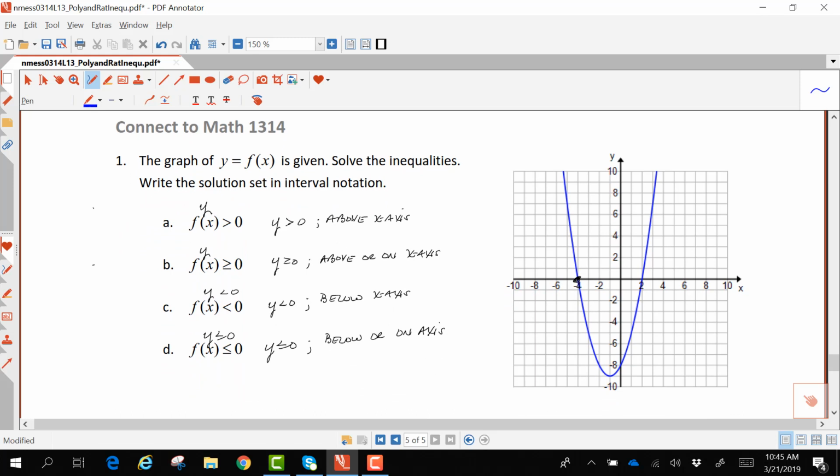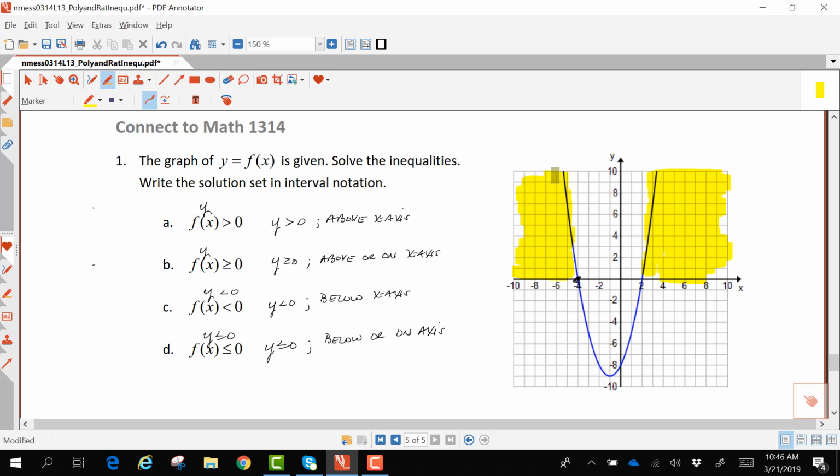Looking now to the connection to college algebra on number 1, this is also referring to a given graph. Recall that f of x is just a y value. So in part A, it's really asking where is y greater than 0. Well, when you consider points on the grid, the y value of every point is positive if you are above the x-axis. I'm going to highlight everywhere we are above the x-axis with this graph.